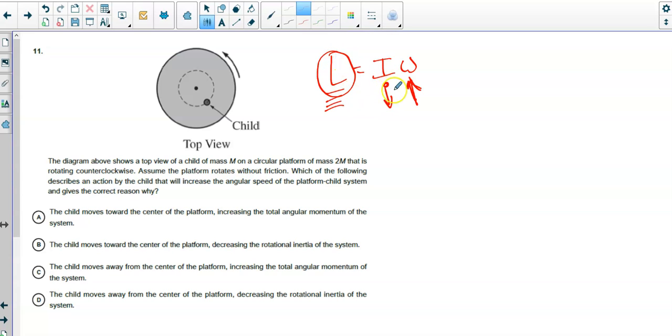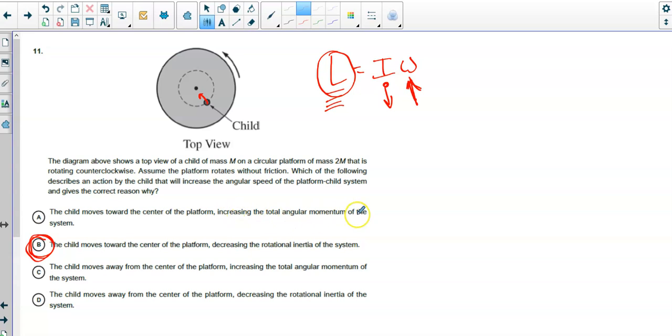What's going to make inertia go down? Well, the more the child moves towards the center, that would do it. That would be mr squared, r would go down, the I of the whole system would go down, and therefore angular velocity would go up. So we want the child to move towards the center, and that will decrease the rotational inertia of the system. So B is the correct answer.